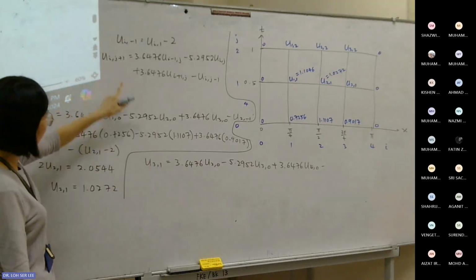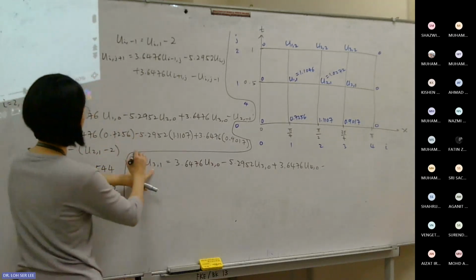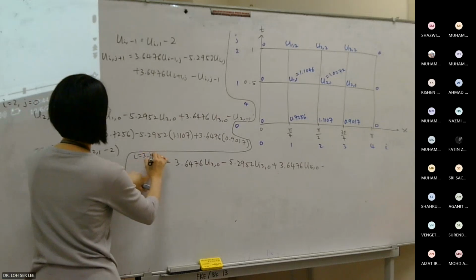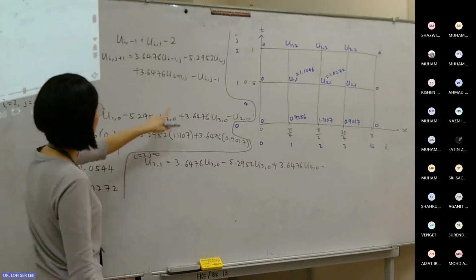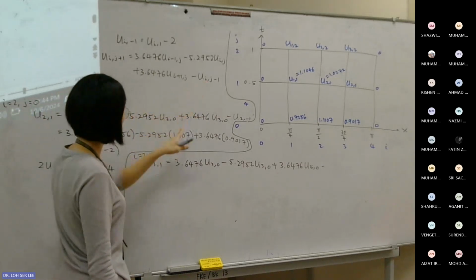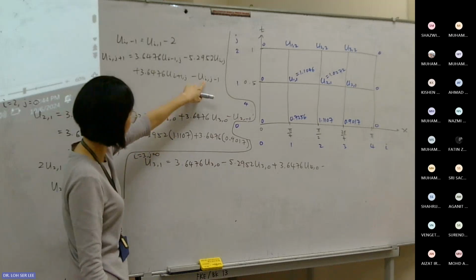We compare this one, I is 3, J is 0. So meaning that here you have I is 3.